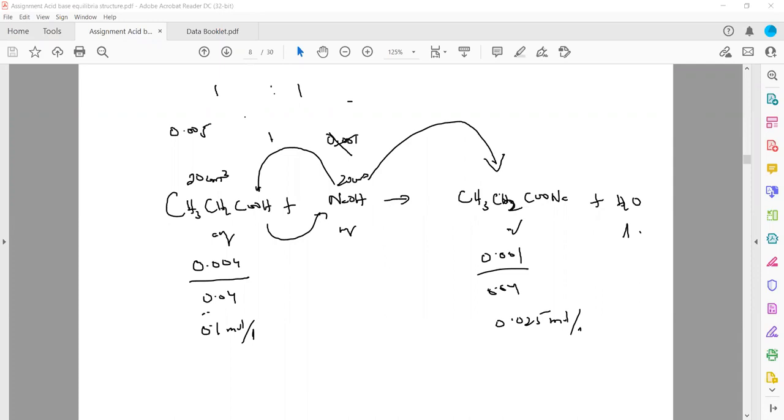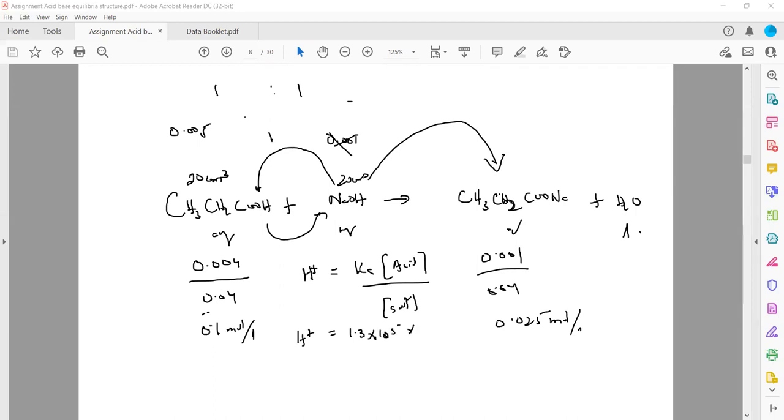Now we'll use the expression: hydrogen ion concentration equals Ka times the concentration of the acid divided by the concentration of the salt. We already checked the Ka from the data booklet; it is 1.3 times 10 to the power minus 5.